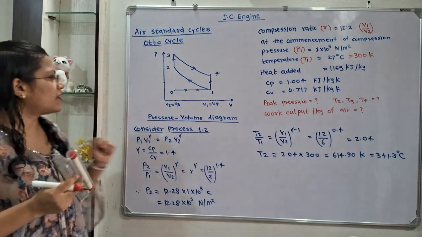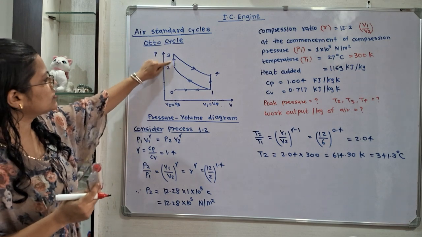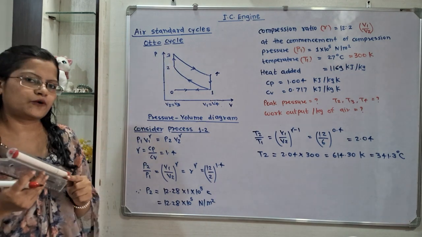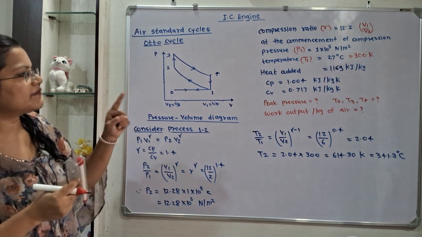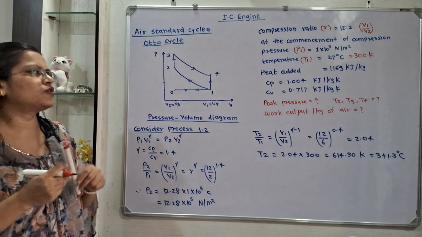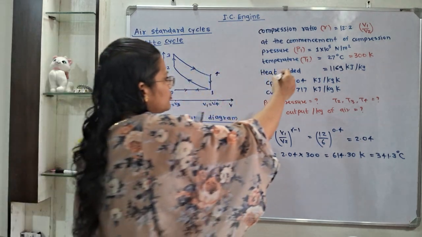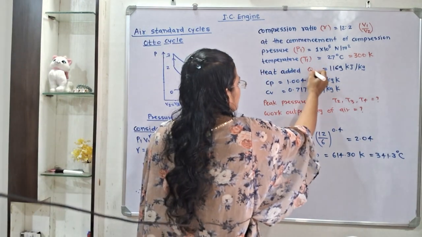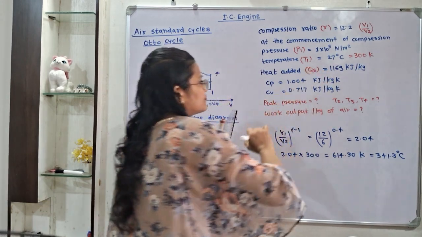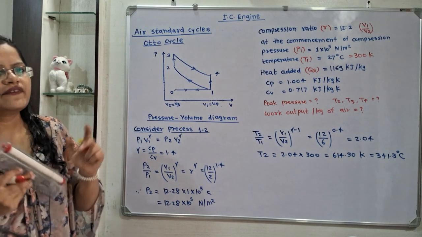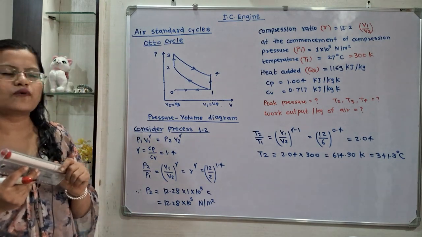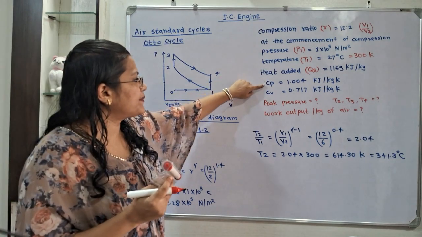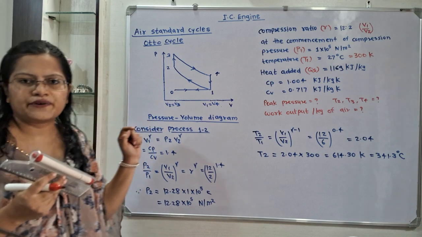Heat added. Now we know that process 2 to 3 is the heat addition process and its notation is Qs, and it is given as 1169 kJ per kilogram. So I will show here the heat added, that is Qs. Then the values of specific heat at constant pressure and constant volume are given, so these Cp and Cv values are given.